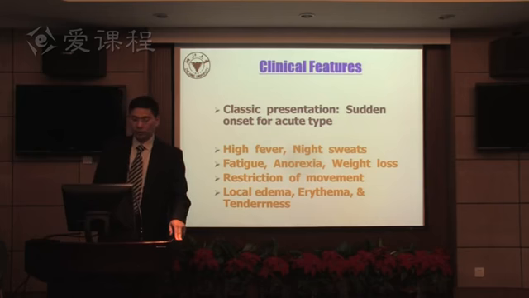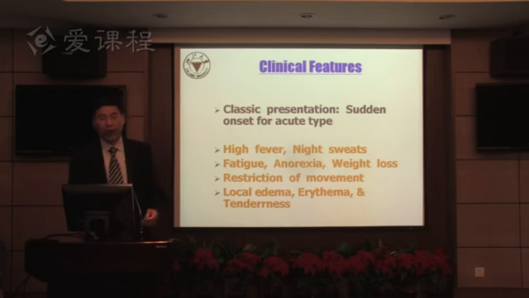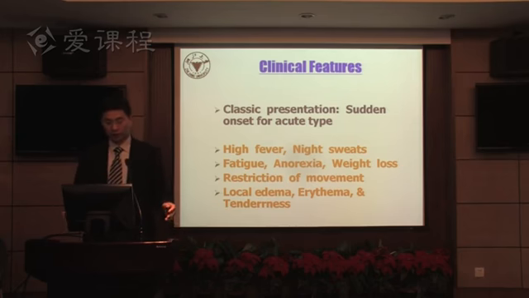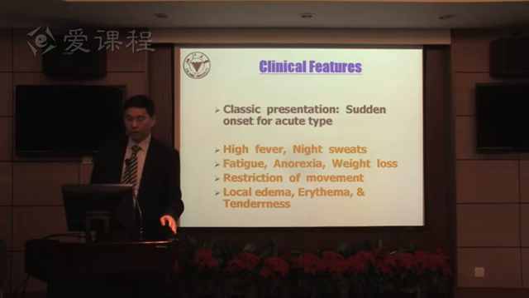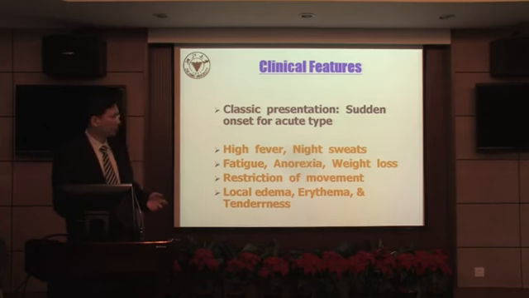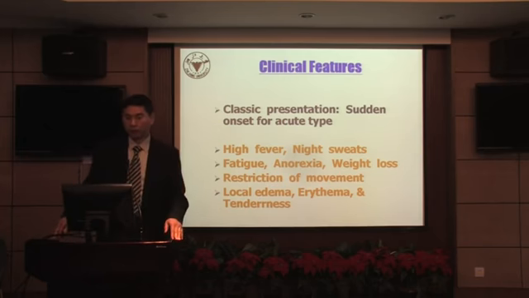And we have high fever always, and night sweats, and fatigue, and axial retraction, weight loss, restriction of movement, local edema, and tenderness. So these are the clinical features of this disease.